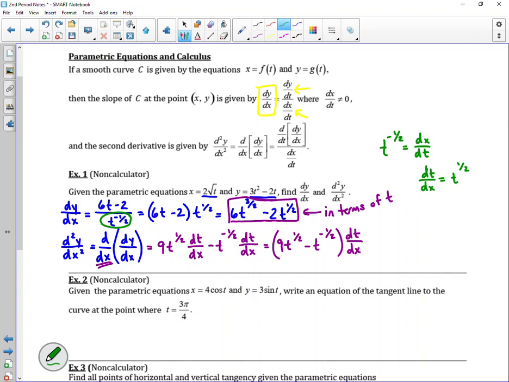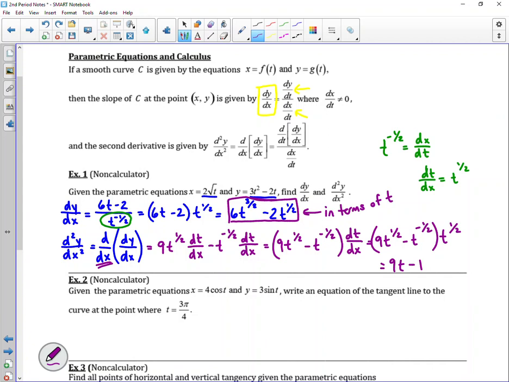So this will just equal 9t to the 1/2 minus t to the negative 1/2, all times t to the 1/2. And if you want to leave it, you can leave it there, or if you want to simplify it, you can get 9t minus 1, right? So that's your second derivative.